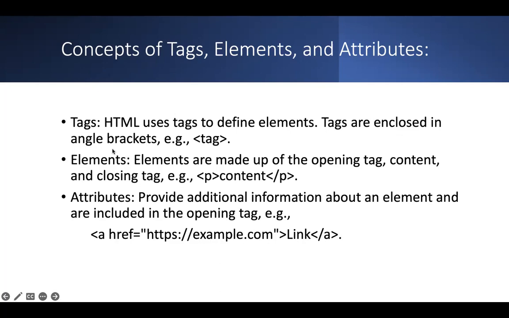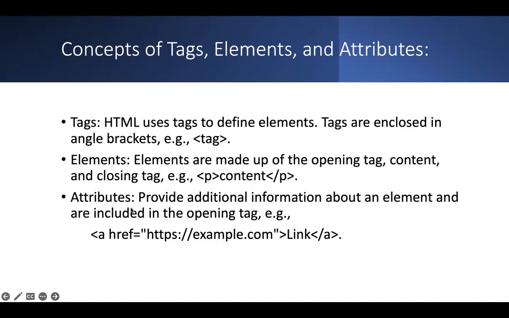The next thing is elements. An element is made of the opening tag, content, and the closing tag. It looks like this. This is the opening tag, here we have the content, and this is the closing tag. This is how you give the closing tag. This whole thing we call an element.